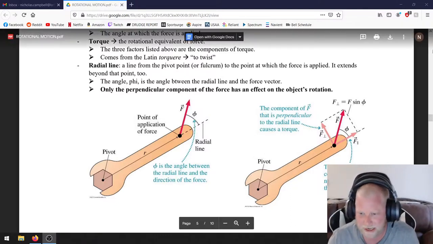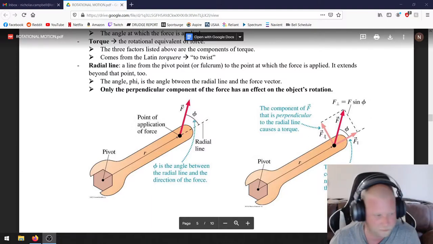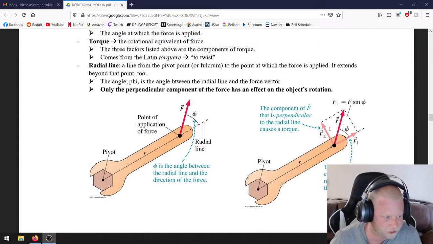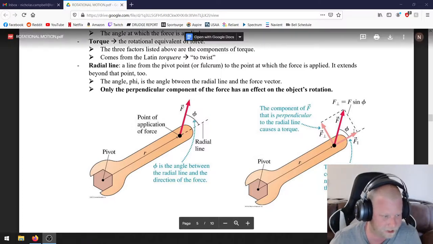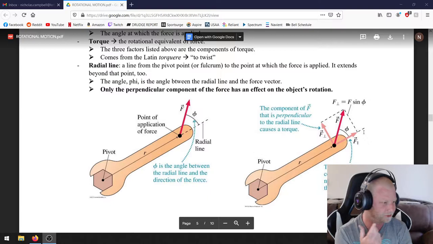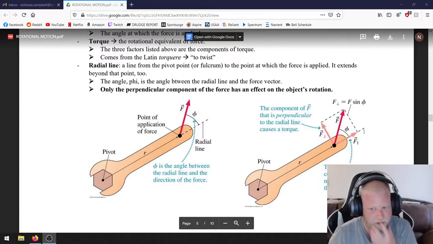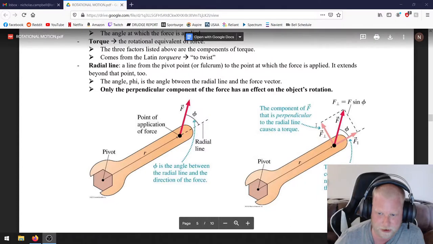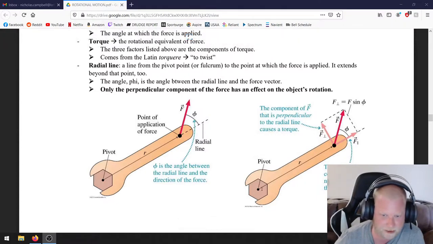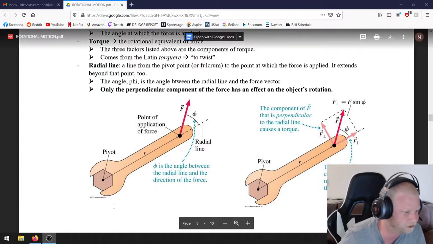So if you break it down into F perpendicular and F parallel, well, the only portion of this force that is contributing to the rotation of the wrench itself is going to be that perpendicular component of force, right? If you look at the parallel component of that force, just imagine pulling backwards on a wrench. If you're pulling backwards on a wrench, you're never going to actually turn that wrench. So only these perpendicular components of a force to the radial line will contribute to any sort of rotational motion.